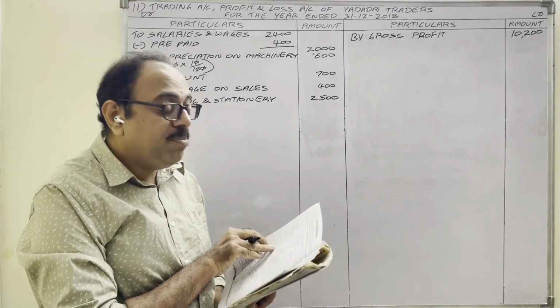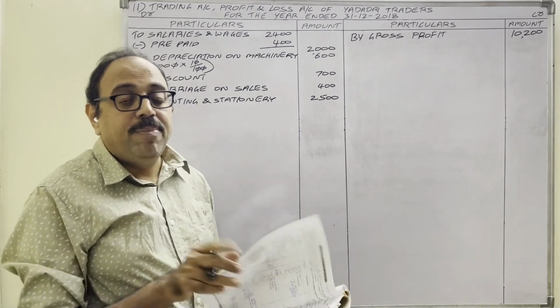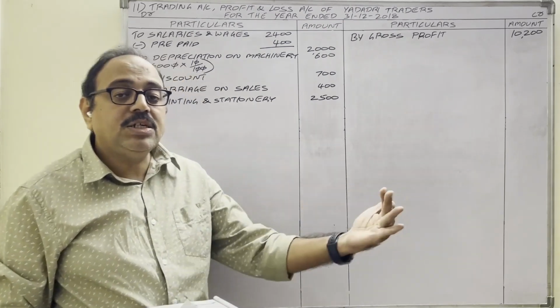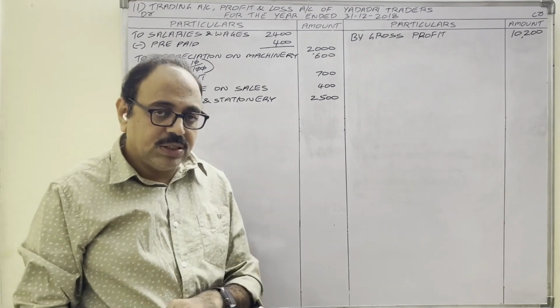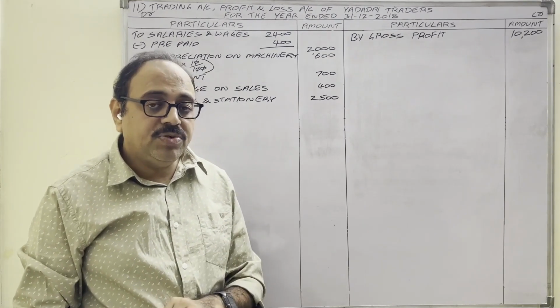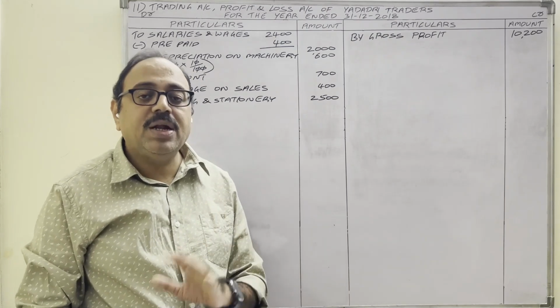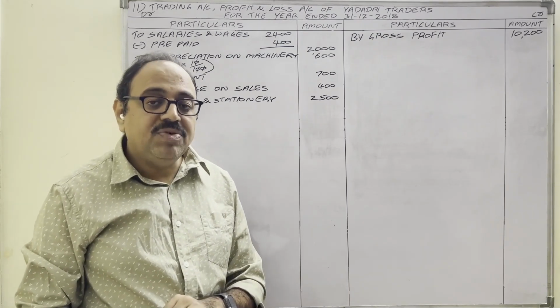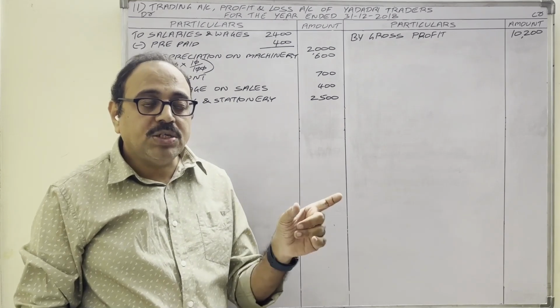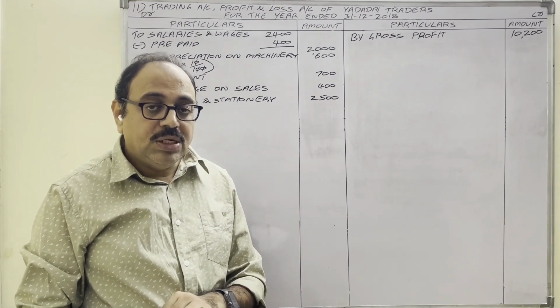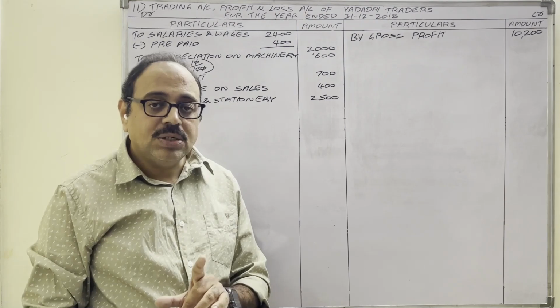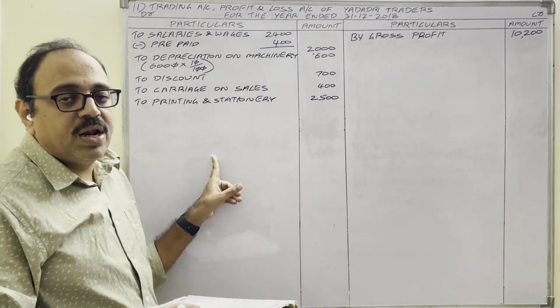Only provision for bad and doubtful debt is given. Bad debt means what? Money will not come from debtors. It is a confirmed loss. Provision for bad debt means what? Money may come, may not come. Means expected loss. As per the conservatism convention, expected loss we have to show in the books. So this is an expected loss. Therefore we should show it on the debit side of the profit and loss account.